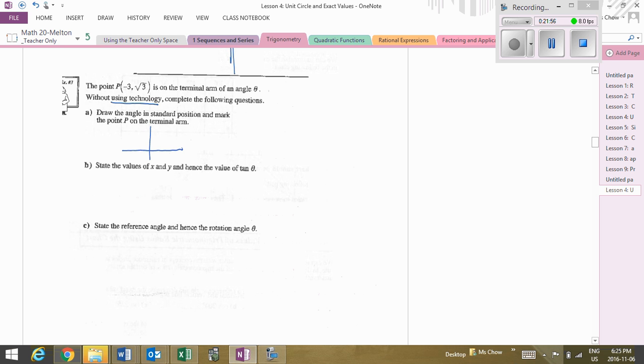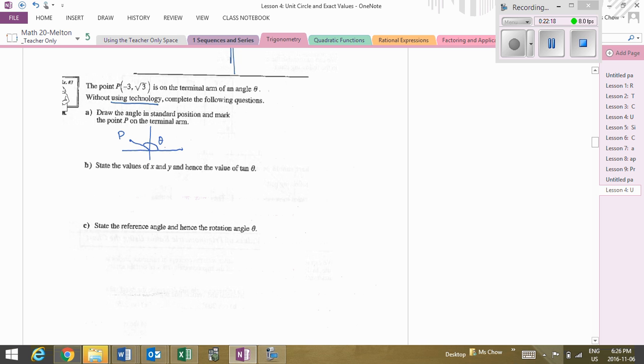That terminal arm is going to be in quadrant 2, at (negative 3, root 3), so that is approximately point P right there, and the angle in standard position starts from our positive x-axis. So this is our angle in standard position here.